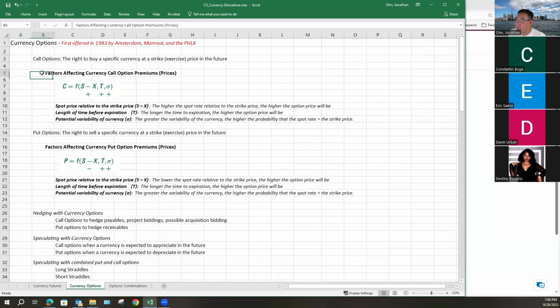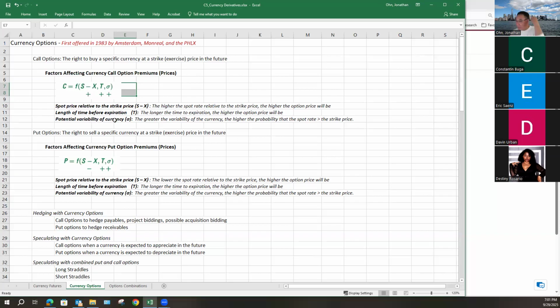Now we're talking about option pricing, the factors affecting currency call option price. As I said, all the technical details of the procedure are above our class discussion. So the three factors are spot rate minus the strike price, the length of time to expiration, and potential variability of the currency.